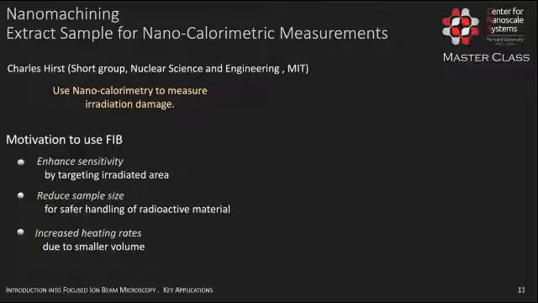Those samples are typically radioactive, so reducing the sample size makes the handling safer. And another aspect, also used in other contexts, is that if you make the volume smaller, you can potentially increase the heat transfer rate and get a faster response.